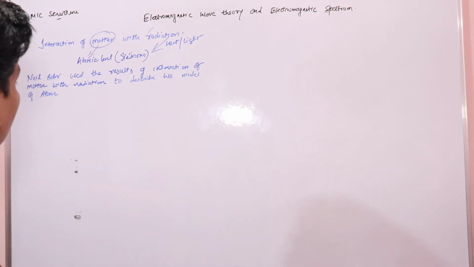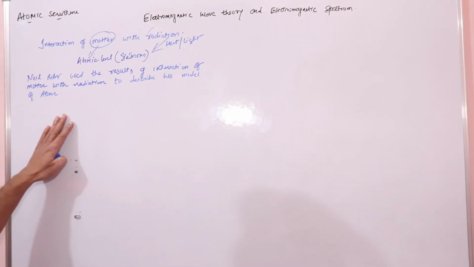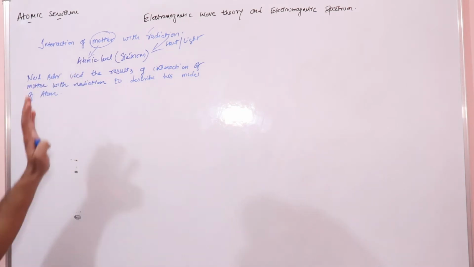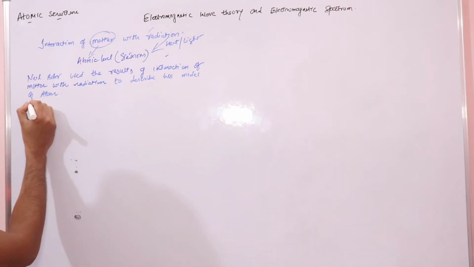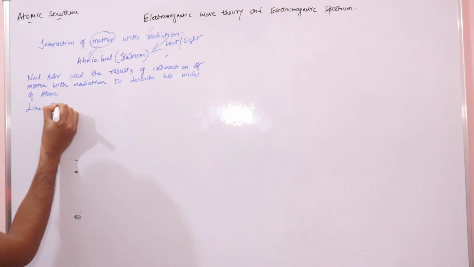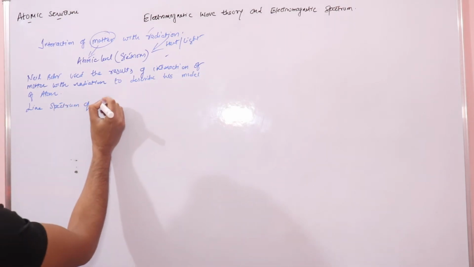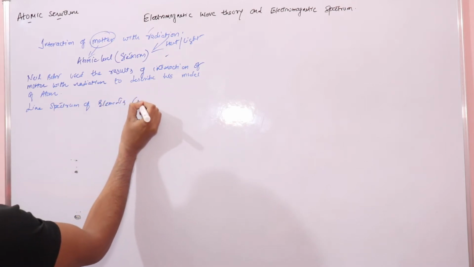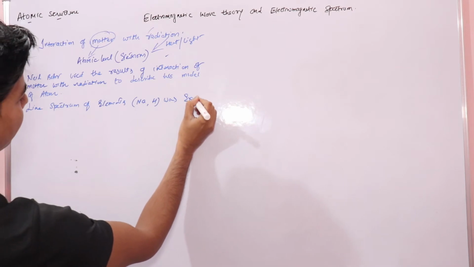Mainly, based on these results only, the line spectrum of elements like sodium and hydrogen was explained.